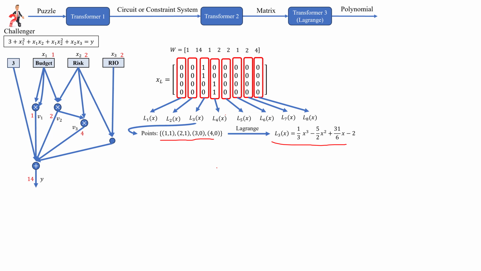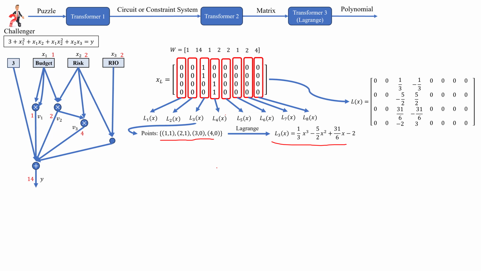You can use our website to check what the polynomials are for the other columns. So now we define L of X, which is the matrix that considers the coefficients of the computed polynomials, right? So this is the polynomial related to the third column. We replace the original values of the third column with the coefficients of the polynomial.